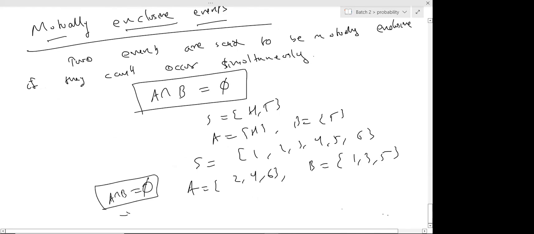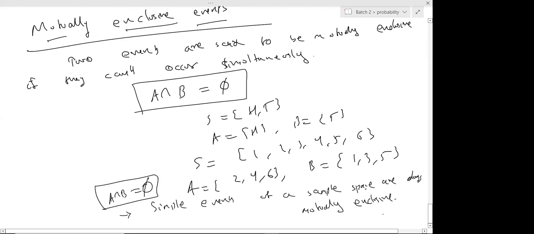Also, there is a note: simple events of a sample space are always mutually exclusive. If you take only one element of the sample space, then they will be mutually exclusive. Note it down.